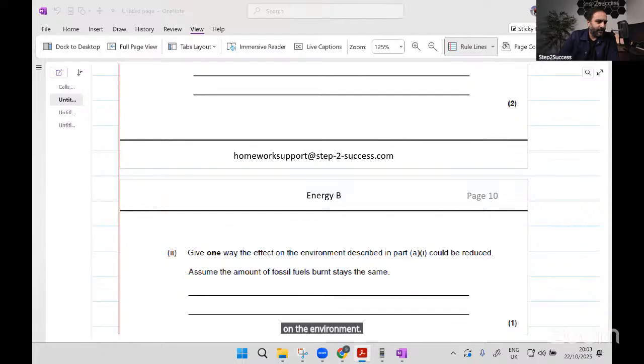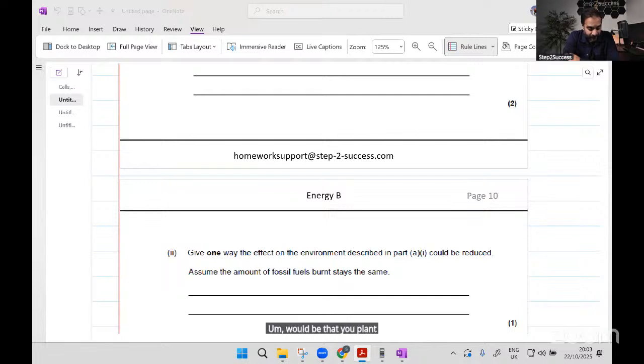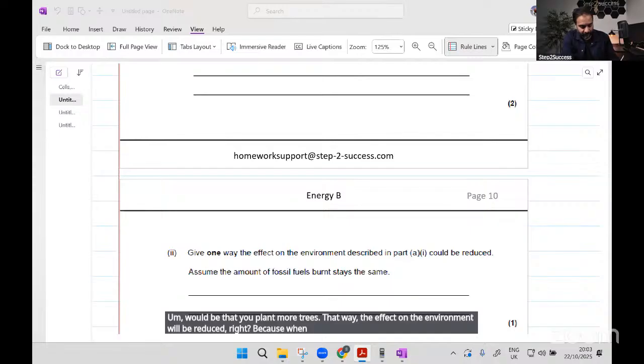Oh God, that's a tricky question. Well, I think the easiest answer to that question is that at the same time as doing all this, you could plant more trees. There's a few different answers, but I think the easiest answer would be that you plant more trees. That way, the effect on the environment will be reduced, right? Because when you burn fossil fuels, what happens?